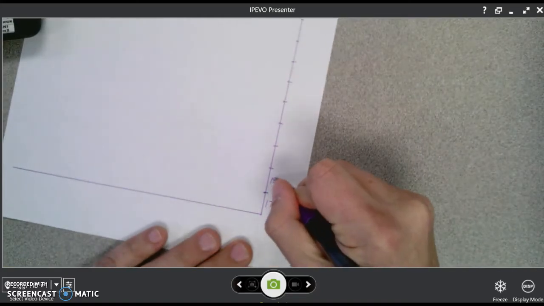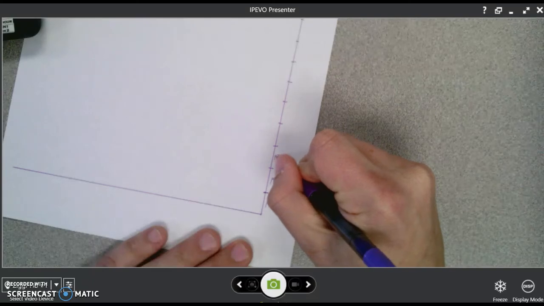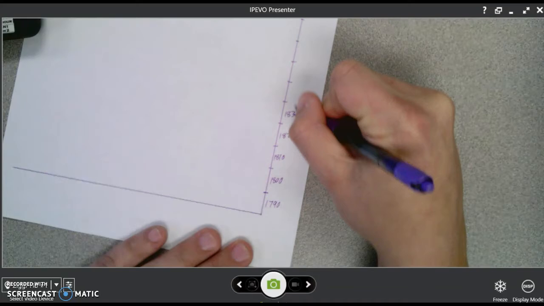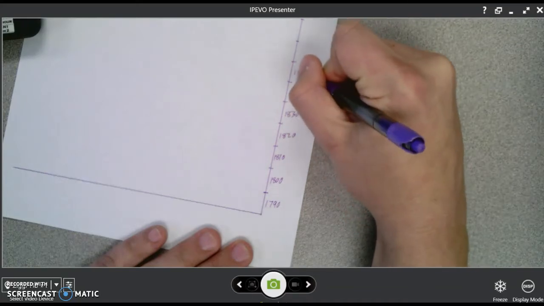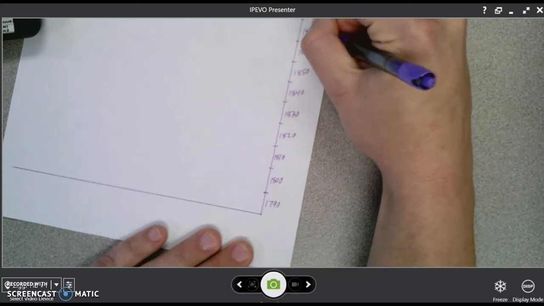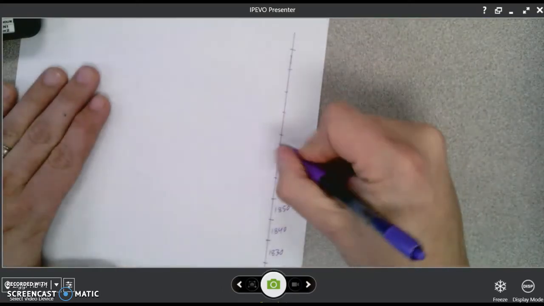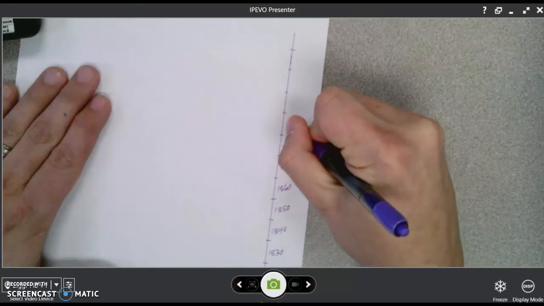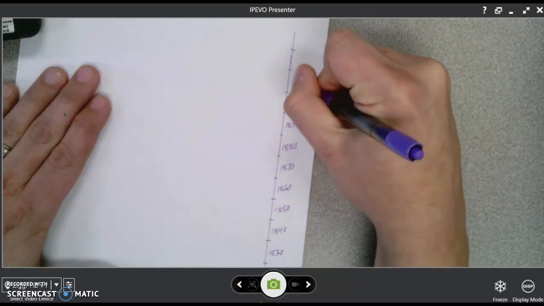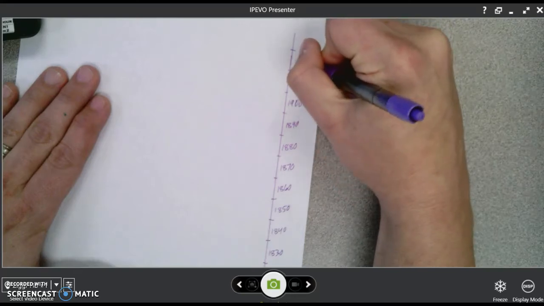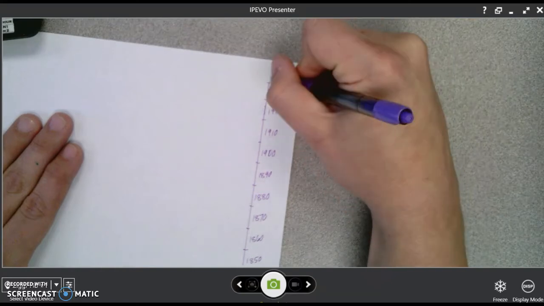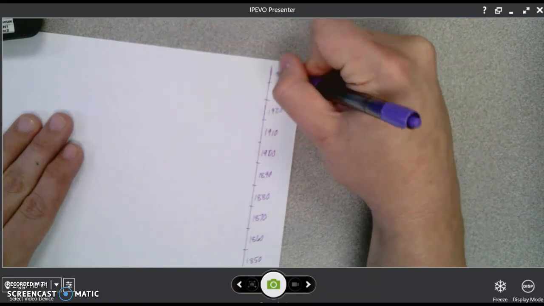1790, 1800, 1810, 1820, 1830, 1840, 50, 60, 1870, 1880, 1890, up to 1900, to 1910, 1920, 1930, and looks like I'm going to run out of room here.